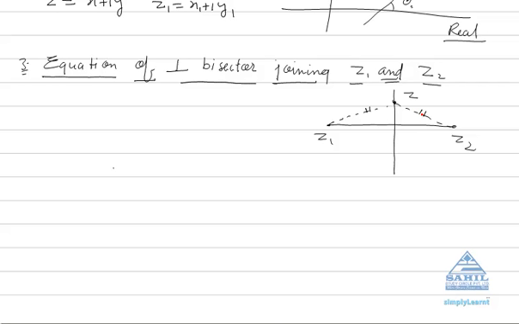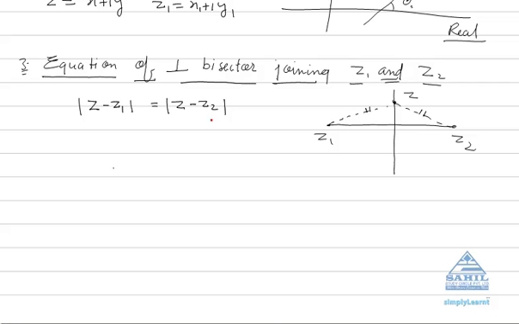Got this or not? It means the distance of z from z1 and the distance of z from z2 is always equal. See here, z is a variable point and z1 and z2 are two fixed points.